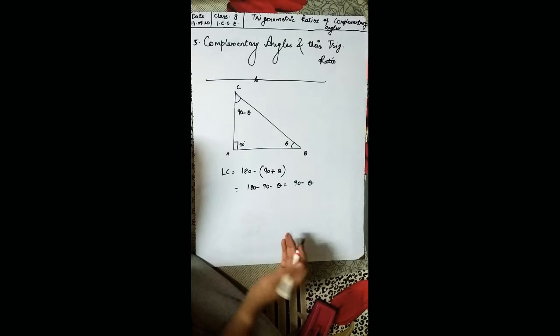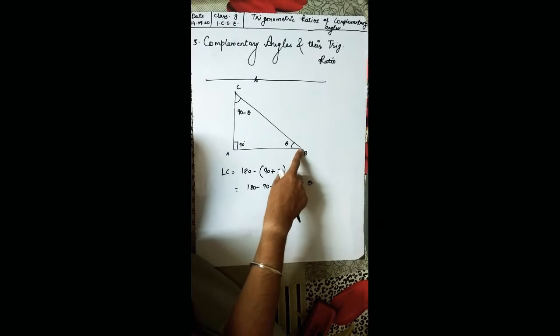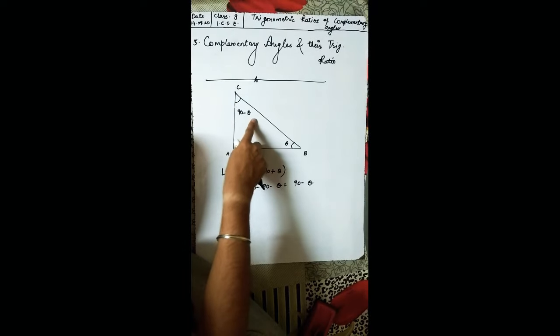Keeping in mind, if we have one angle 90 degrees and another angle theta, then this will be 90 minus theta.